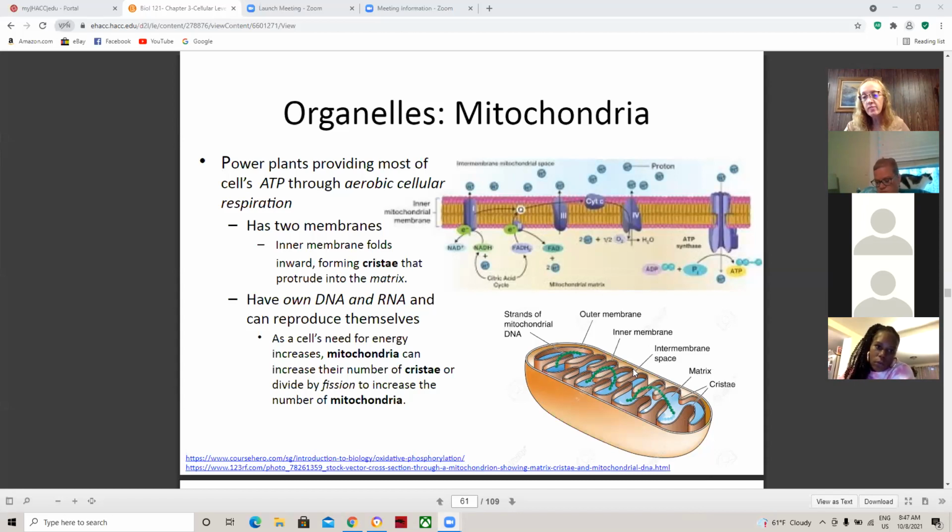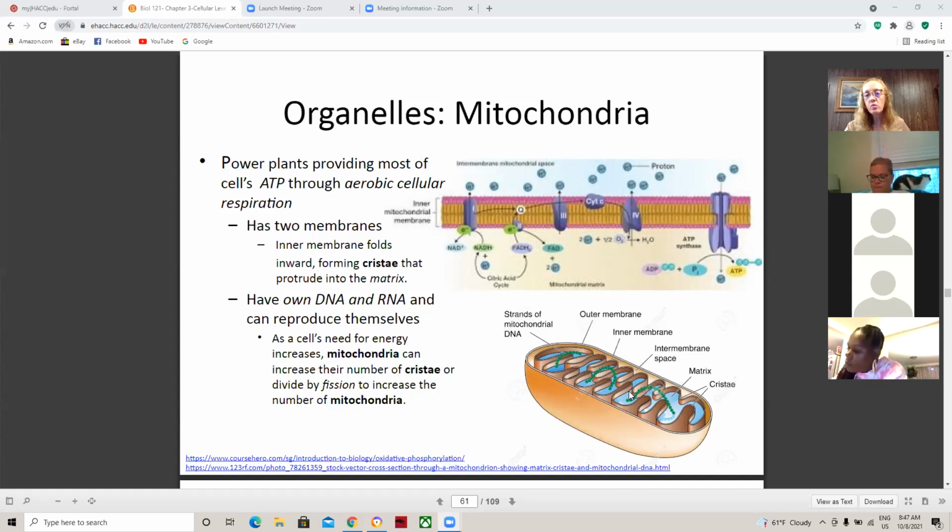The inner membrane folds within the interior, forming what are called cristae. With these two membranes together, we have two different compartments within this organelle. We have the inner membrane space, which is in between the two membranes, and we have the matrix that's in the inner membrane compartment.